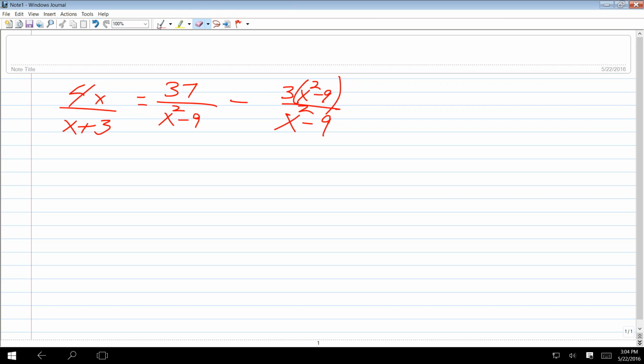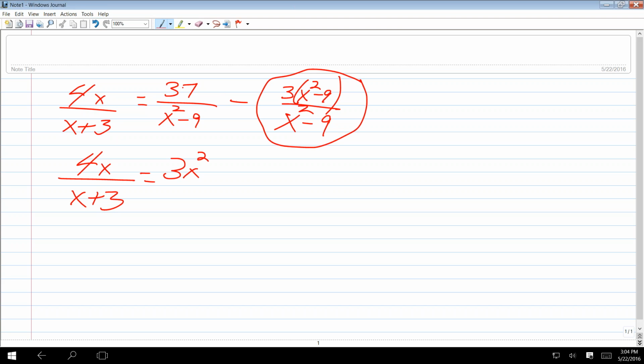Now we can operate on the numerators. What's our new numerator? 3x squared minus 27. Okay? Be careful on this sign. Since this whole fraction is being subtracted from this fraction, you have to distribute that negative sign to all terms in the numerator.